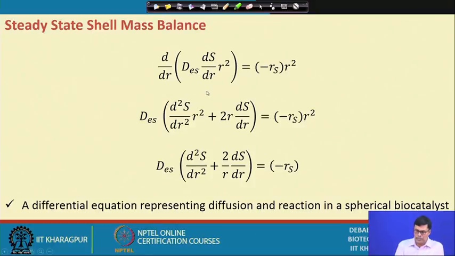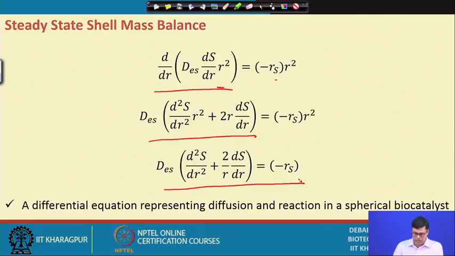Under steady state condition, this value will be equal to minus r square, and if we differentiate this, we will get this kind of equation, and finally we come across this equation, a differential equation representing the diffusion reaction of the spherical catalyst.